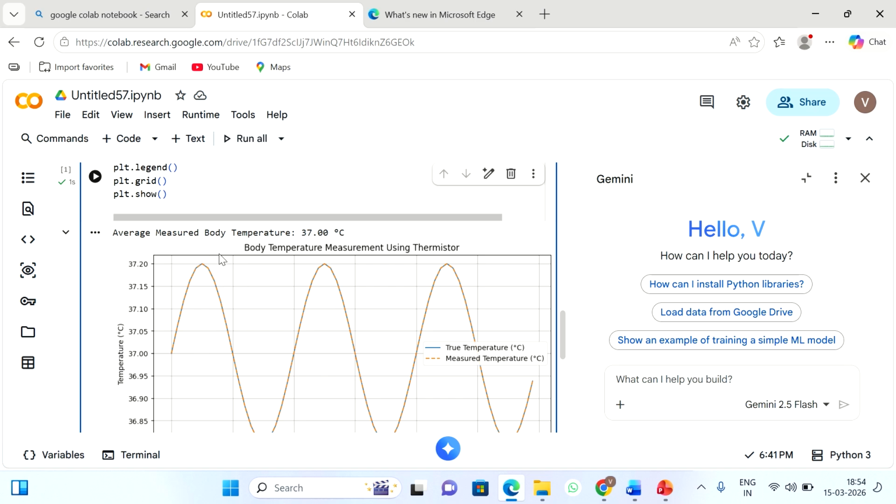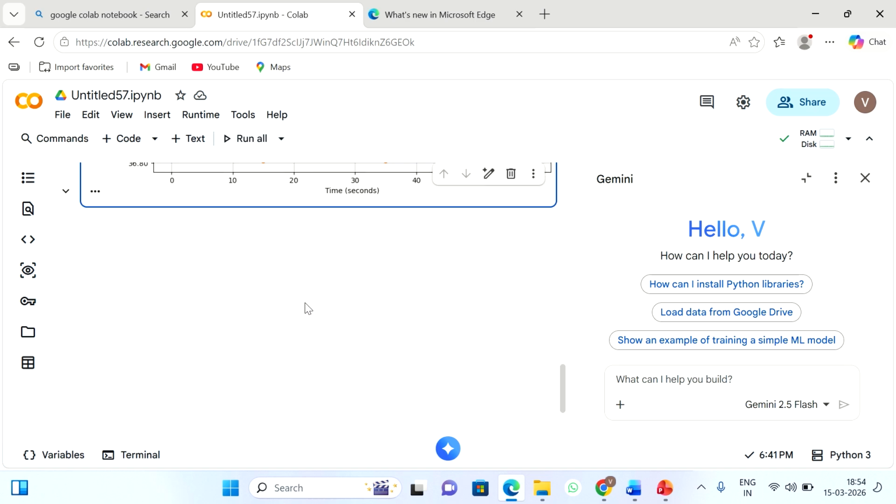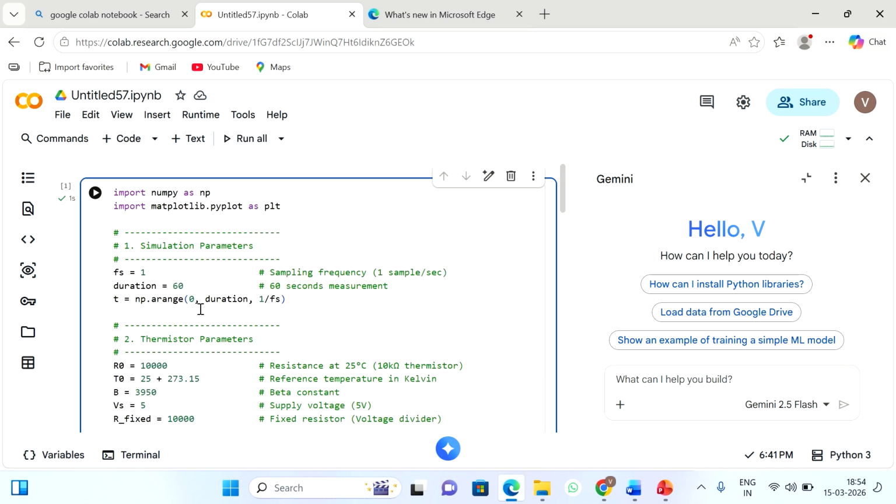So what is the value here? We are getting this waveform. In this case, we are using a sampling frequency of one sample per second, and the duration is 60 seconds.